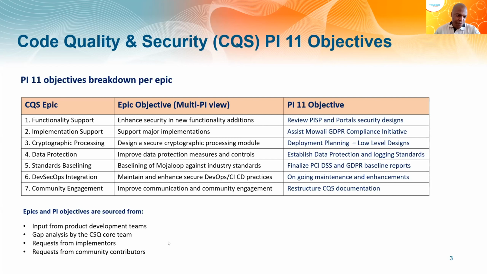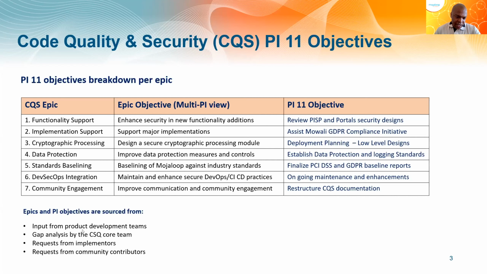We get a lot of interactions amongst team members. From a product development perspective, we interact with anybody with a very specific need from a use case perspective, and Mowali has taken advantage of that in most cases. We also do our own gap analysis to see which areas need attention, in preparation for the objectives of phase 4 of the project.